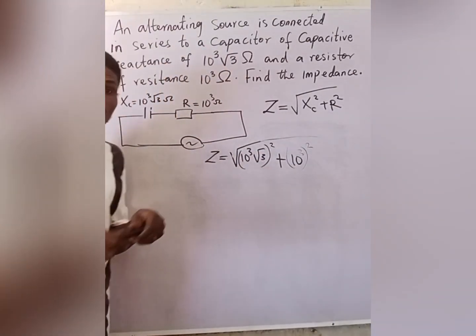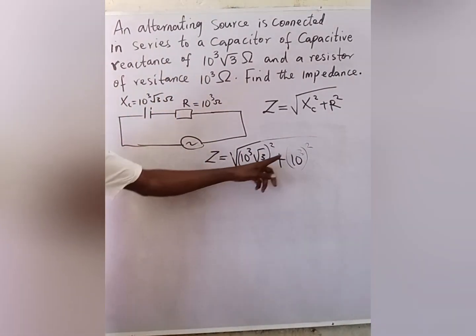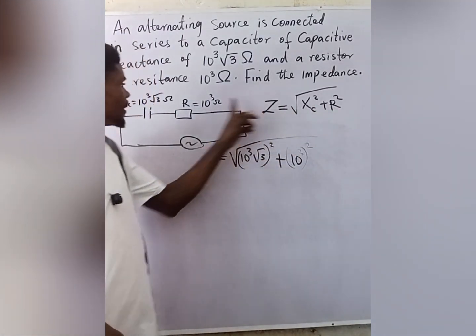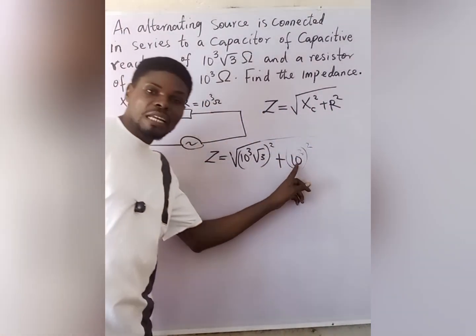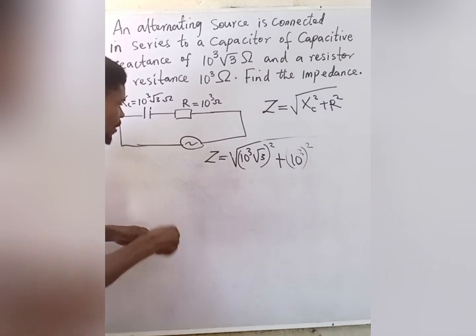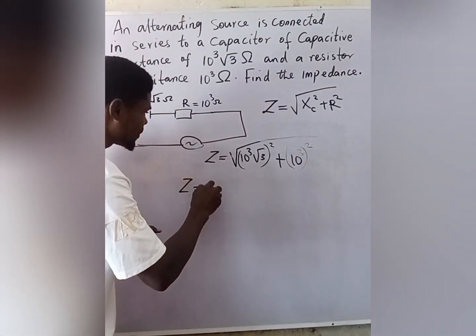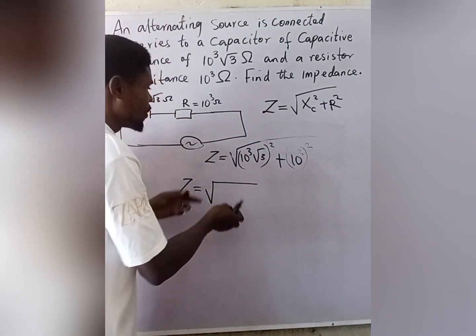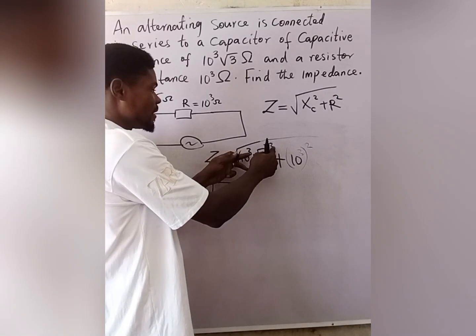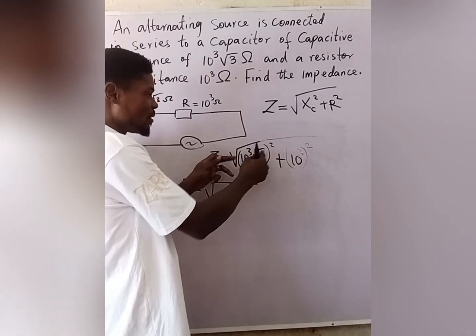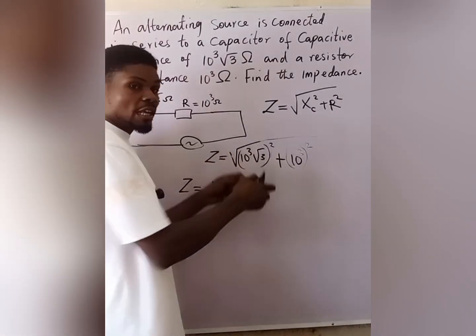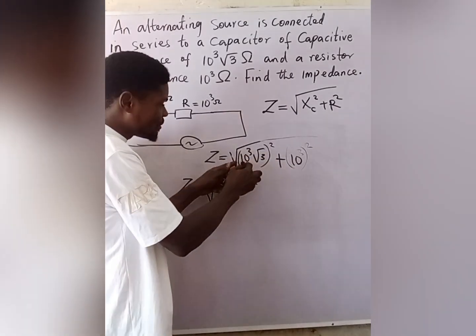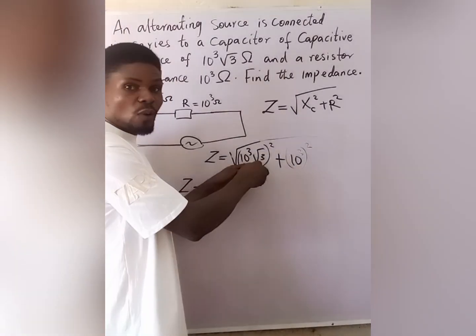I believe that you know how we got this. This particular value R is 10 raised to power 3, that's why we substituted it here. Going further, we now have that Z is equal to the square root of, this square belongs to the 10 raised to power 3, and it also belongs to the square root of 3.